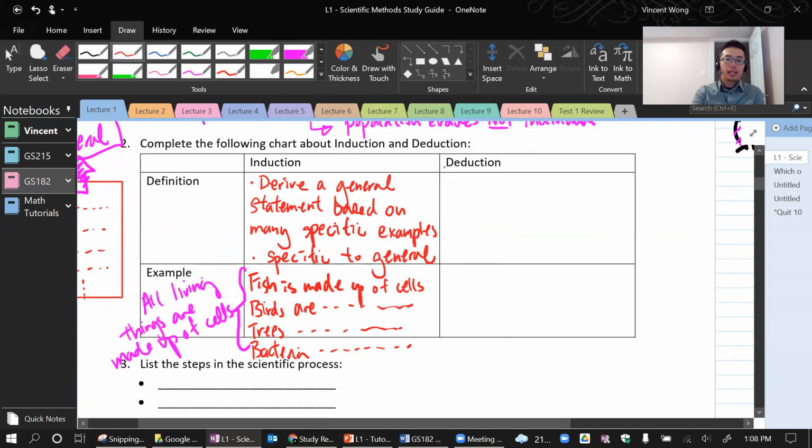Deduction is the other way around. In this case, probably should use a different color. The reasoning flows from general to specific cases.